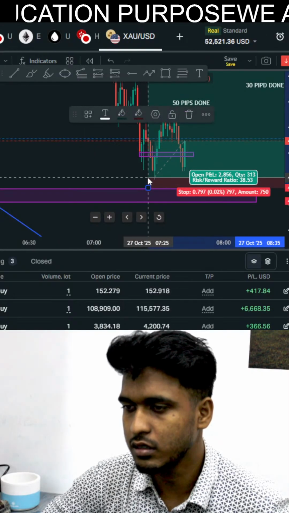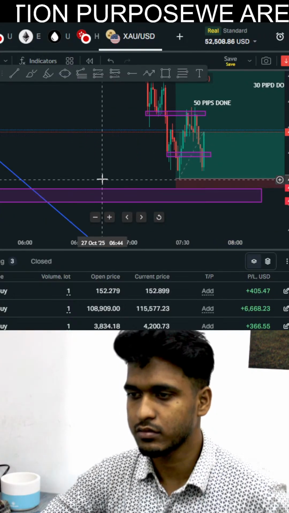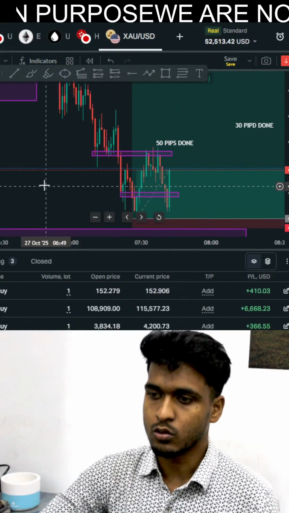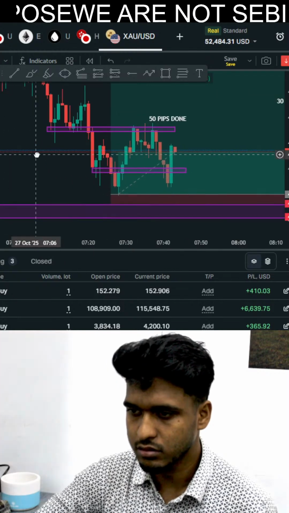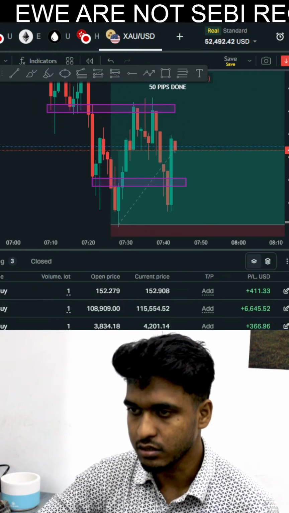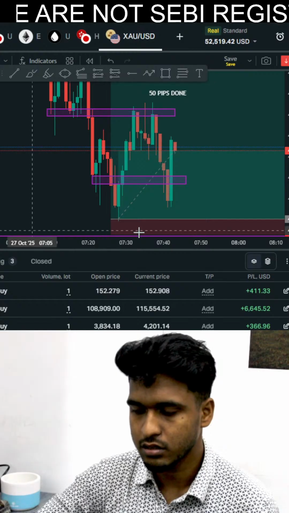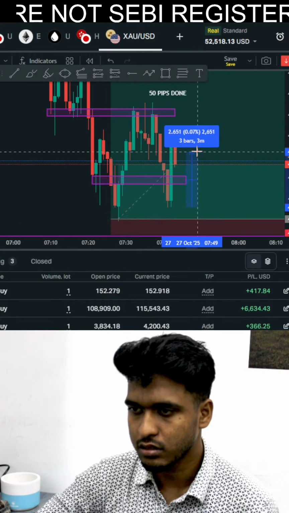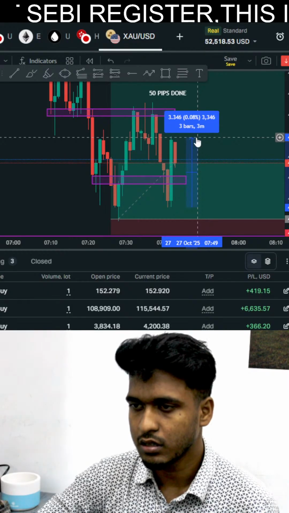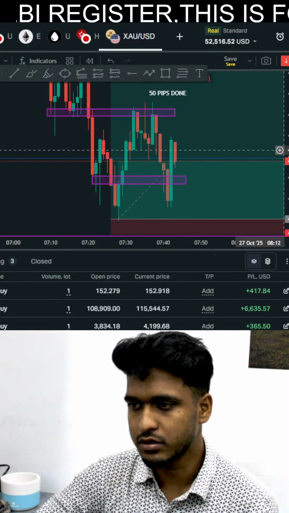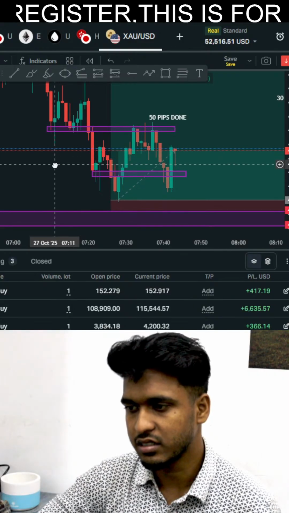From this area right here. Look at one single candle in a minute, it gave us a good profit, but I didn't take it. Almost 35 pips in a single one-minute candle.